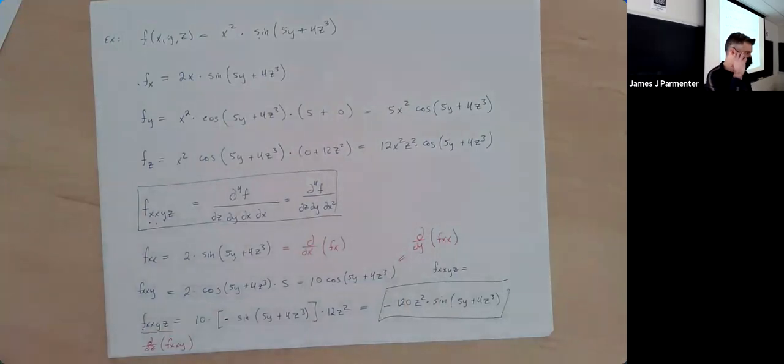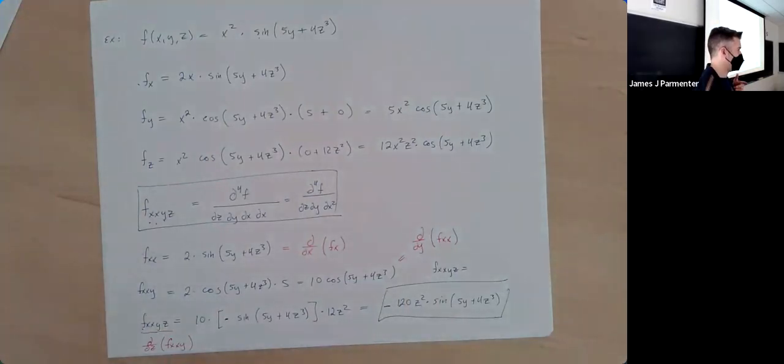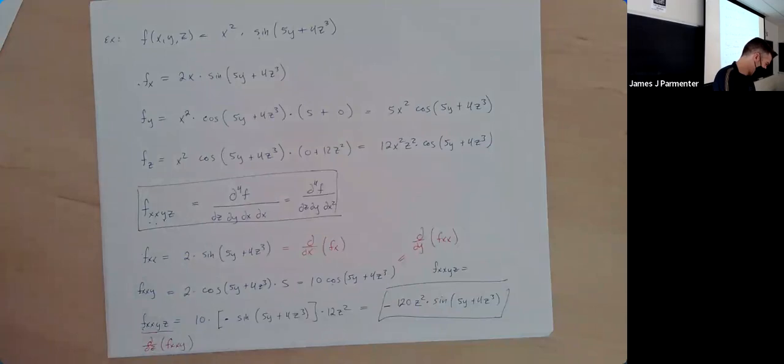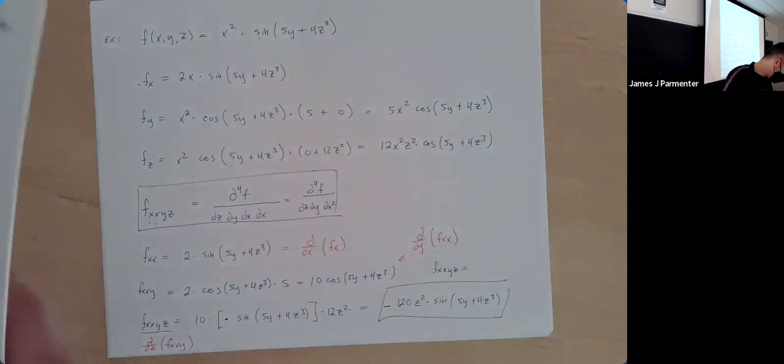So every time I'm finding the next partial, I'm just taking the partial derivative with respect to the right variable of the previous partial derivative I'd already found. But usually it's just one or two steps because we're usually finding second partials at the most. You know, I love that example, even though it's perfectly fine. Let's go ahead and I feel like we can move forward just a tiny bit.